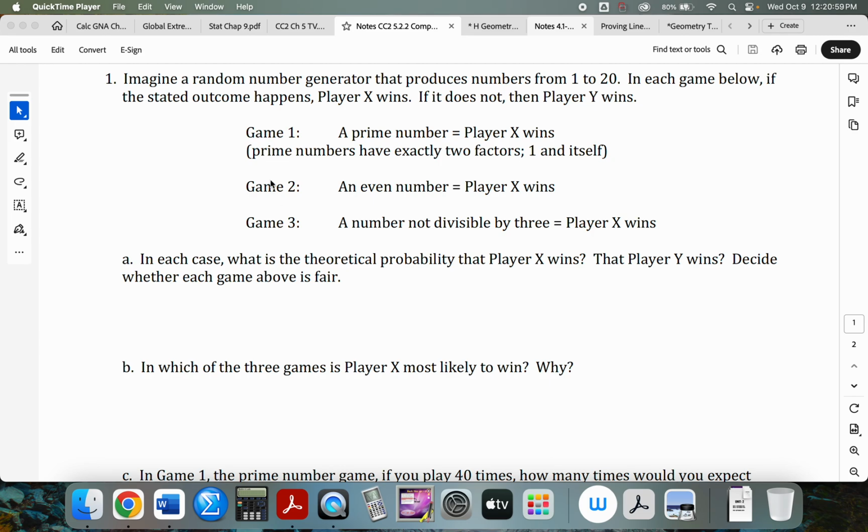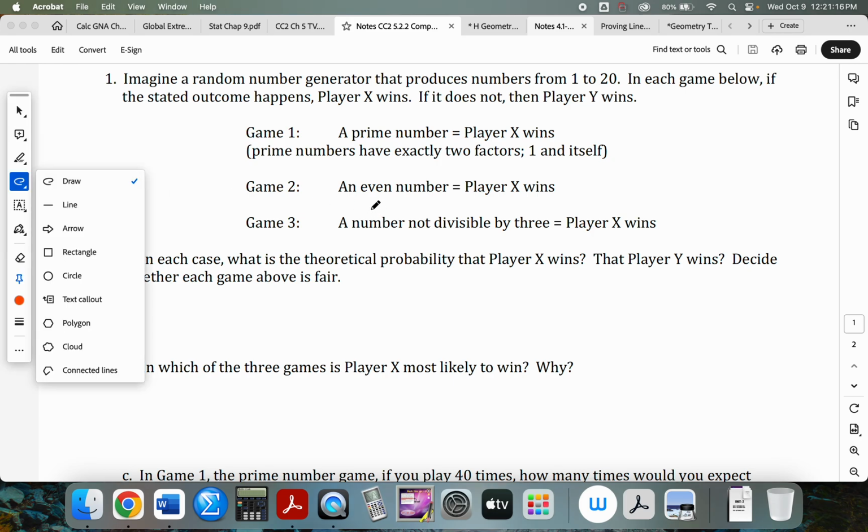So, game 1: if it generates a prime number, player X wins. Prime numbers have exactly 2 factors, 1 and itself. So let's list all of the prime numbers between 1 and 20.